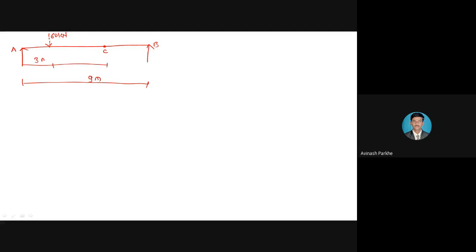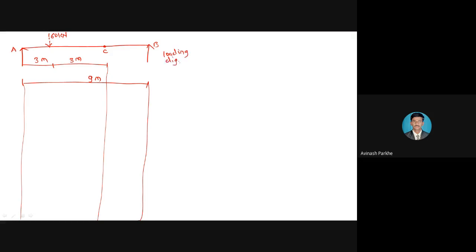This is 3 meter, this is 3 meter. That means exactly at the center, the 60 kilonewton point load is applied. Now I will take these lines as they are. These are the projection lines I have taken in the downward direction, because SFD and BMD will be represented below the loading diagram only. So this particular diagram is called a loading diagram.